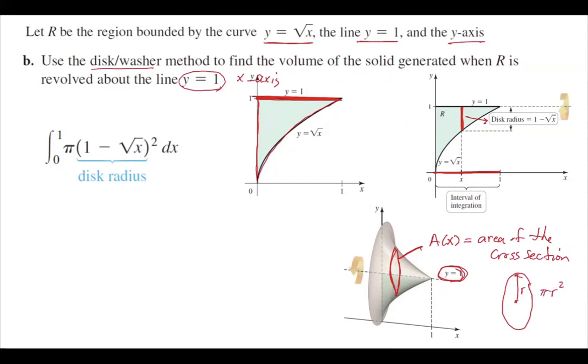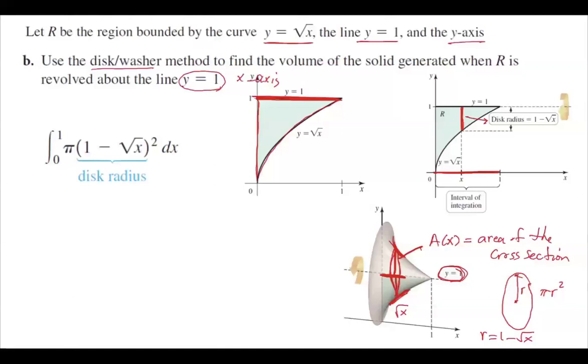But what is r? r is the distance between the curve and y equals 1. If you look at this object down here, it makes it a little bit easier. Here you have y equals 1, and then you have square root of x. So 1 minus square root of x gives you the radius. r is 1 minus square root of x.